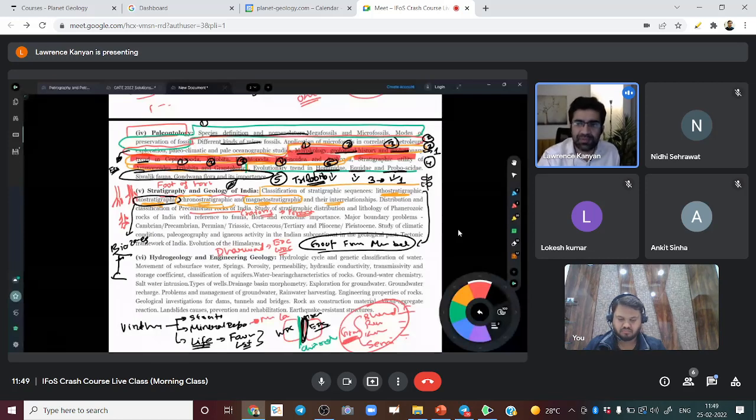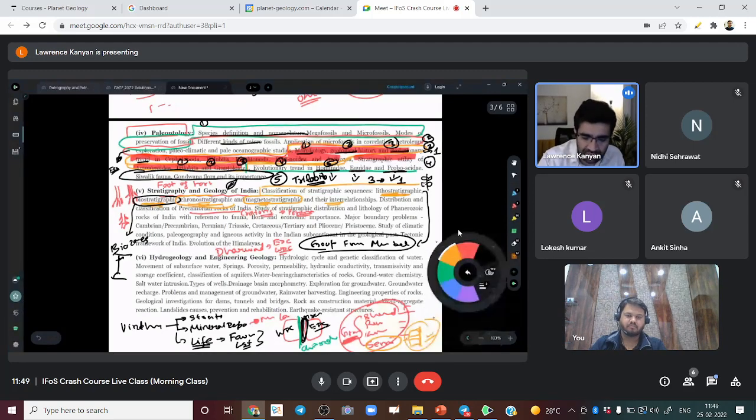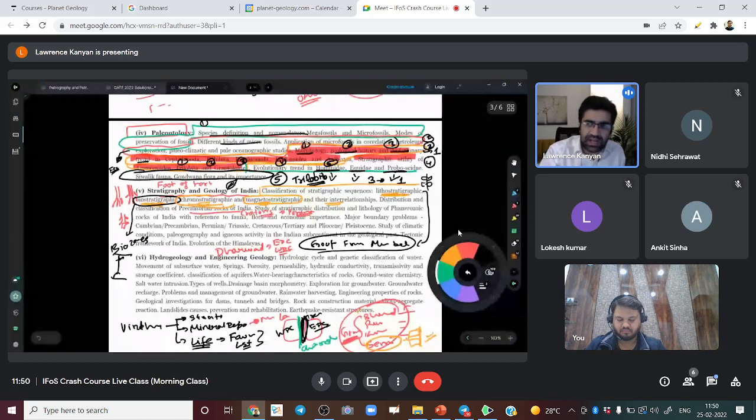In any case, this part at least you remember. Sometimes UPSC can ask you only about, say, the Semri group. Then you have to write about internal formations. But if that is the case, you can be sure that maybe other people will also not write. But this part you must know. This is what they will usually ask.